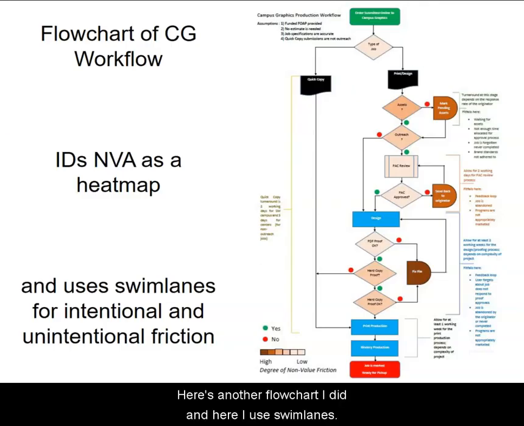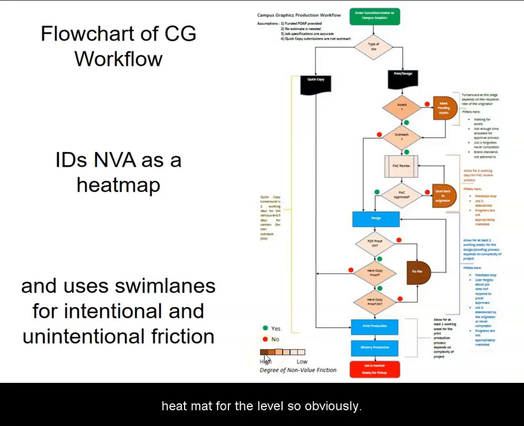Here's another flowchart I did, and here I use swim lanes to identify the unintentional and intentional friction, which we'll go over in a minute. Anything that's removing energy from the process is called friction. And then I also have, just like you see the heat maps of the nation where it's really hot and cool, a heat map for the level of non-value added.